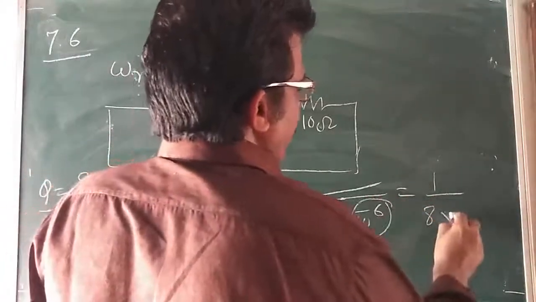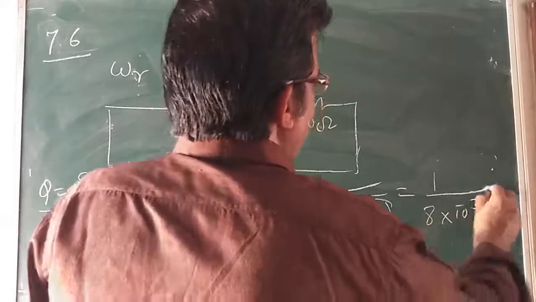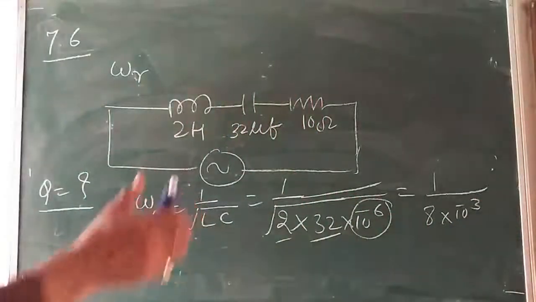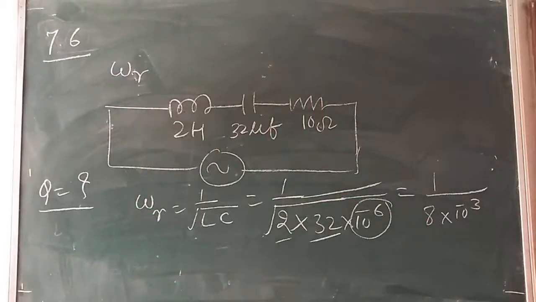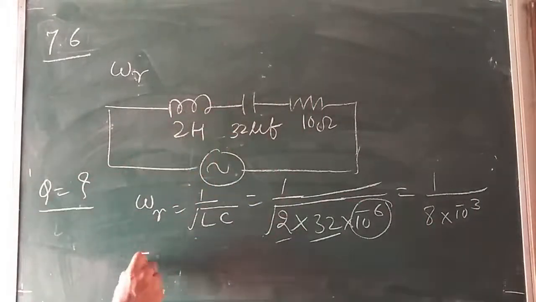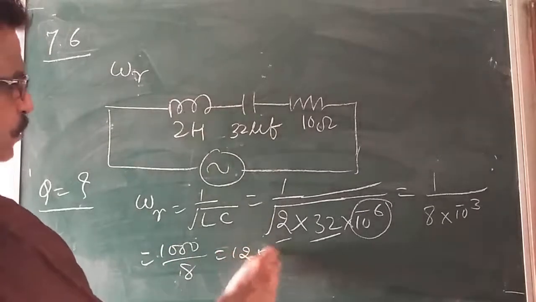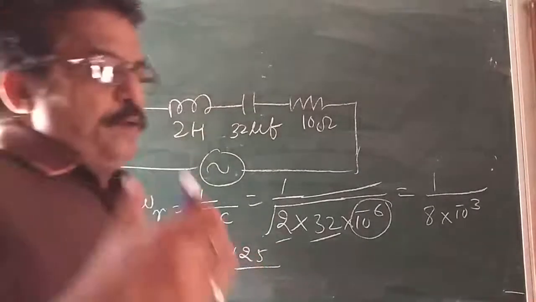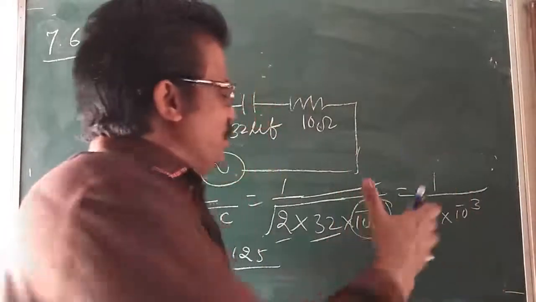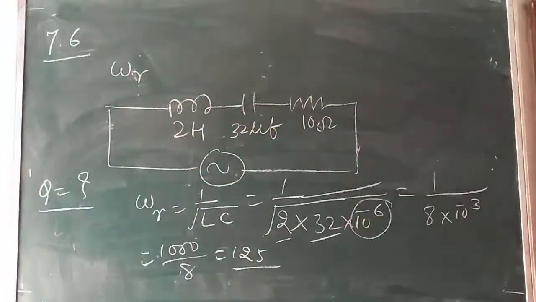Root of this is 10 raised to the power minus 3. So this is the resonant frequency. You can also solve like this. 1000 divided by 8. That is your 125. So it's very important how much time you are taking to solve the mathematics. 125 per second. It is the unit of omega R, resonant frequency.